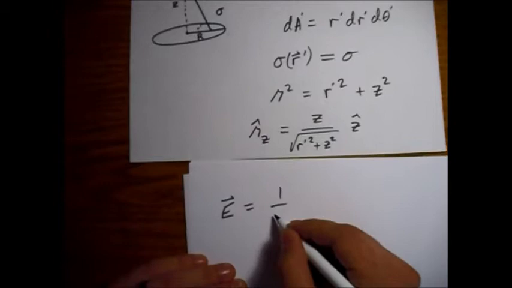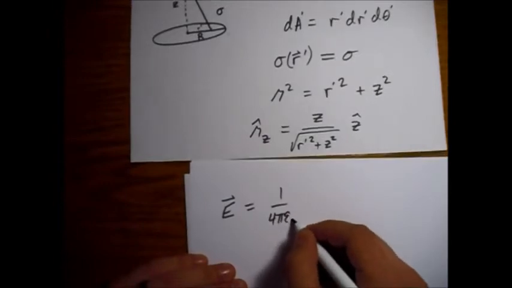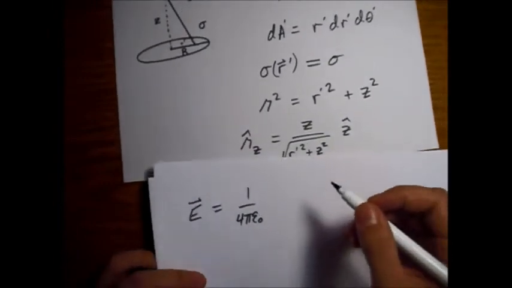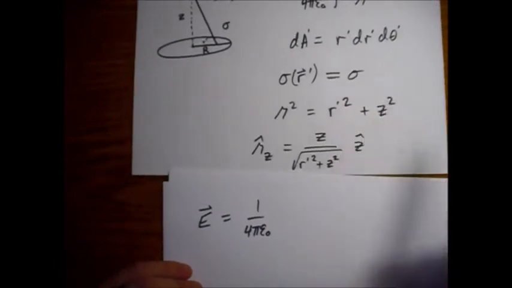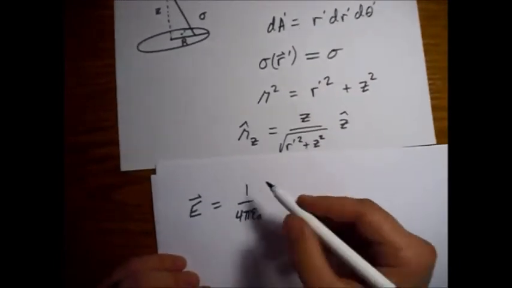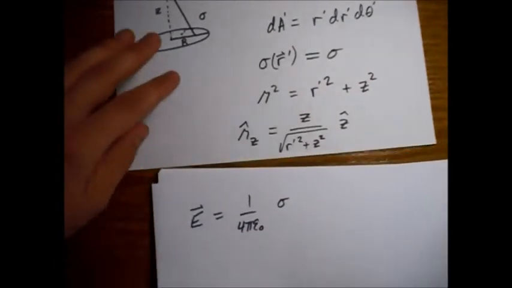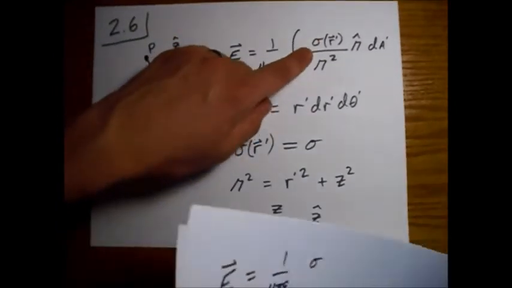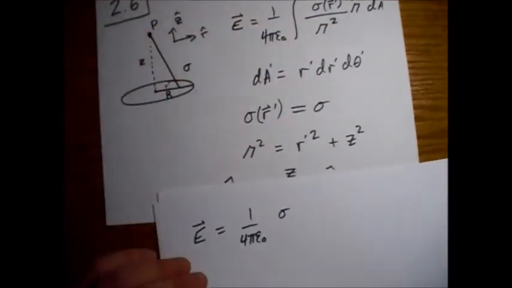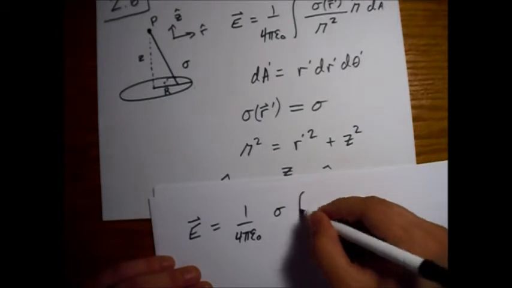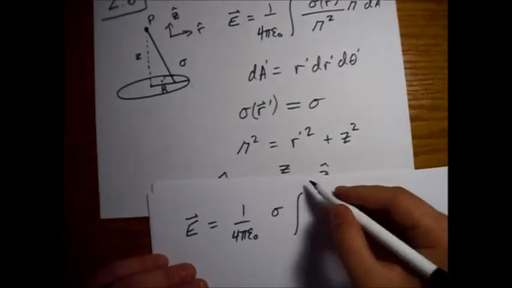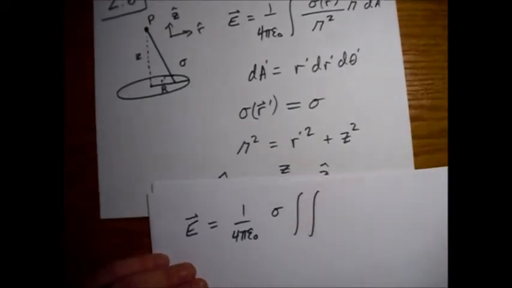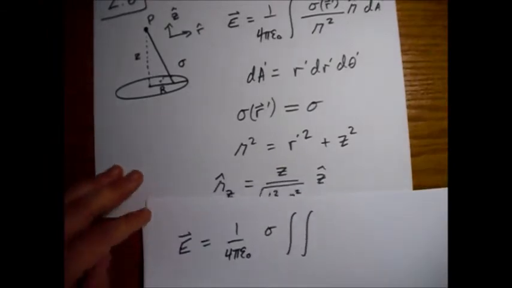So we've got a 1 over 4 pi epsilon naught. We have sigma, which we're bringing out of the integral because it's constant. Downstairs, let's write out our integral. Now, 2 integrals this time, right? Because we're integrating over an area.